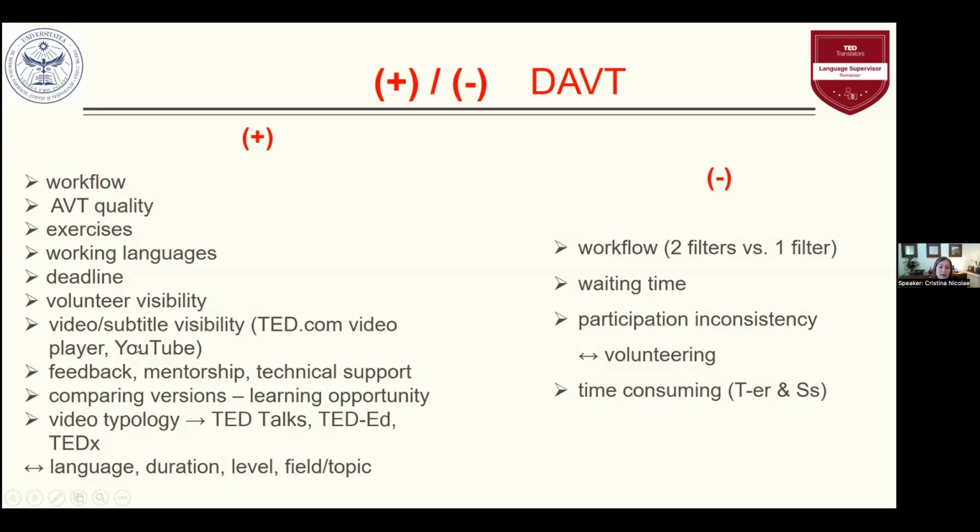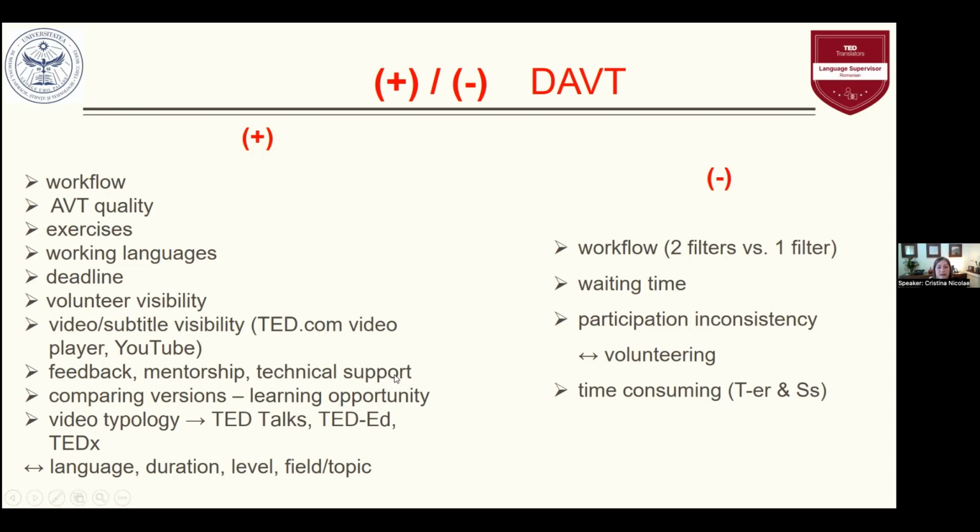Okay, another advantage is the volunteer visibility. As mentioned, there is this TED profile page and also we speak about subtitle visibility. So you have your product with your name on the TED.com video player and the YouTube channel. Another advantage would be the feedback that you can get and the technical support.